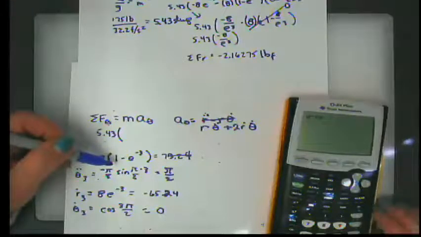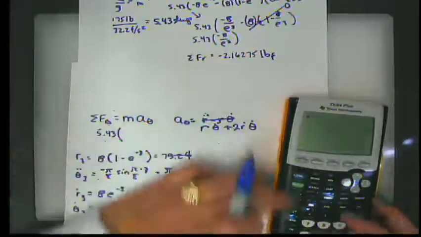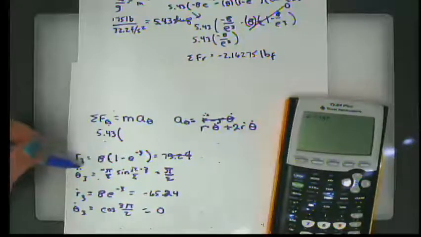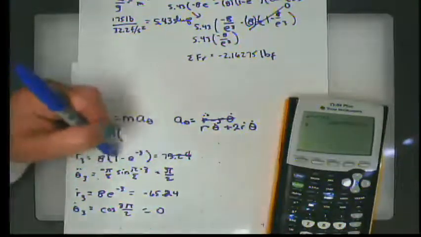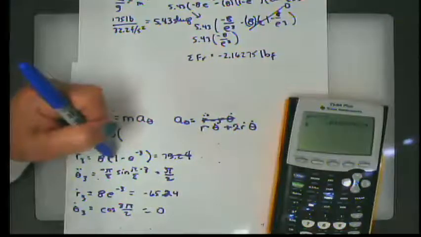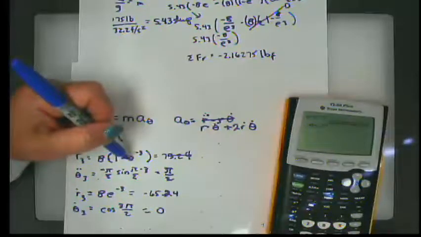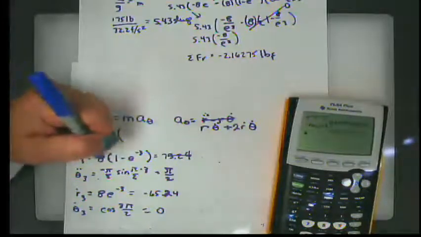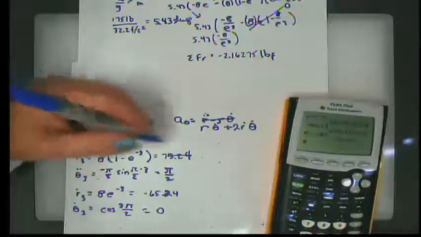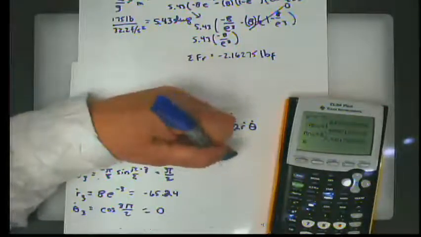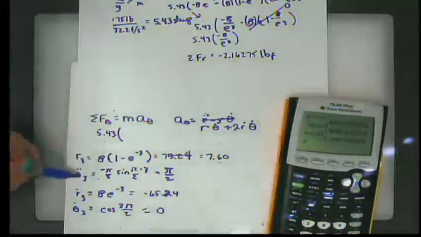That took my 10 base, so I got the wrong one. Second e. There we go. Much better. Negative 3. That's a better number. And then I want to subtract that from 1, and then multiply that by 8. So this is 7.60. Does that look better? Yeah. It does to me too.